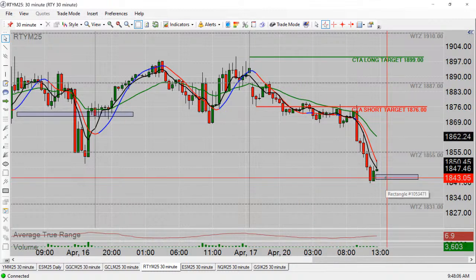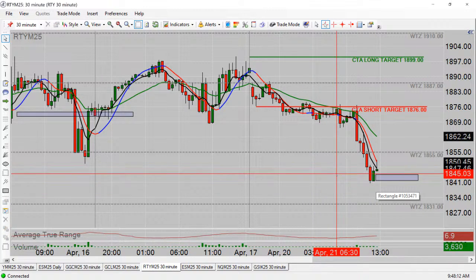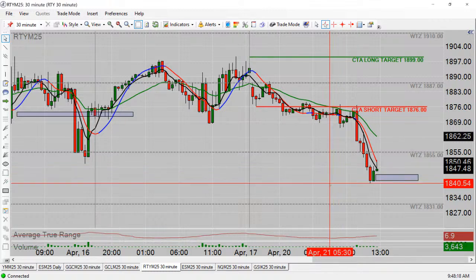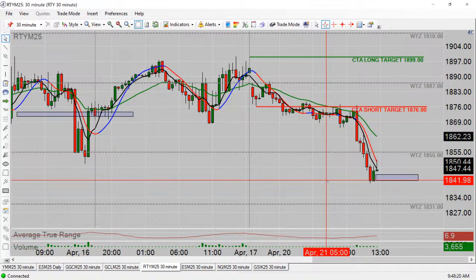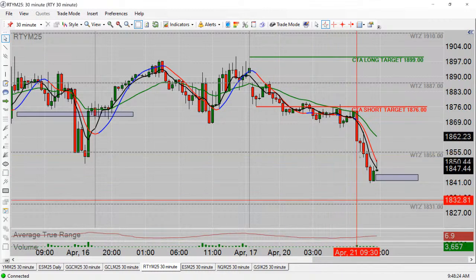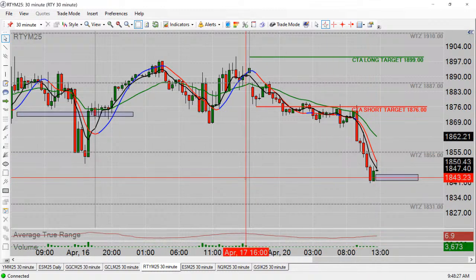We had to make it a little bigger. Need 2 points on the Russell. So 1844 to 1842. There you go. That is a window of opportunity, simply using market structure and our humble set of indicators.